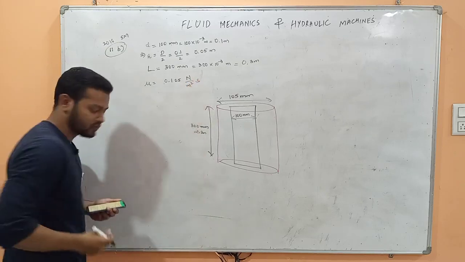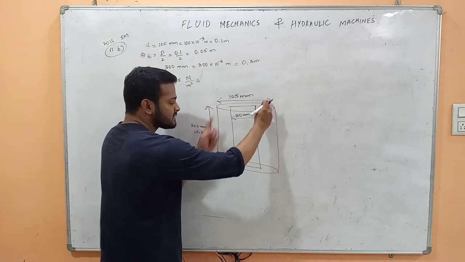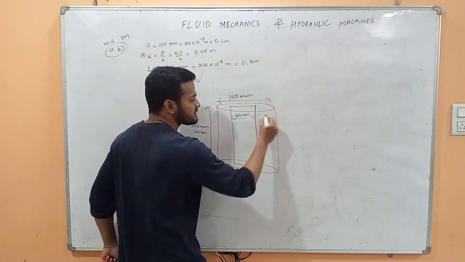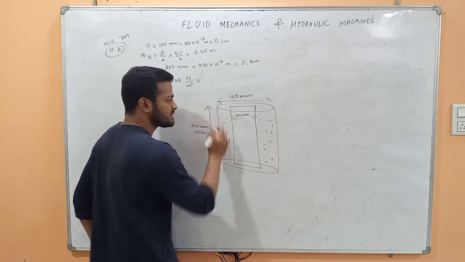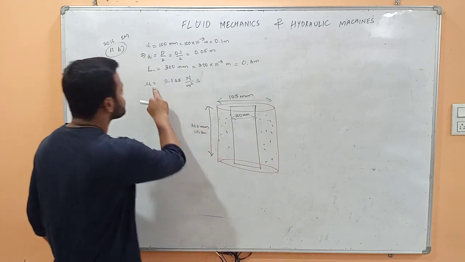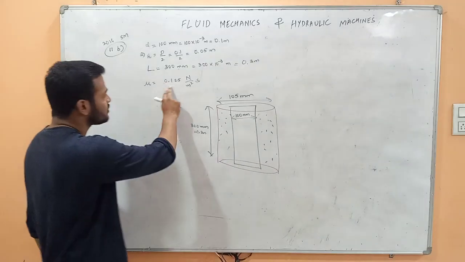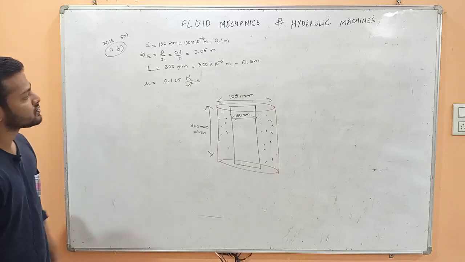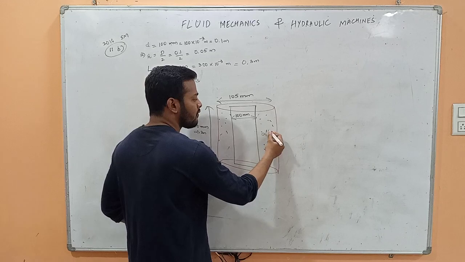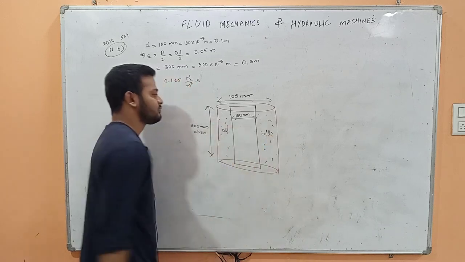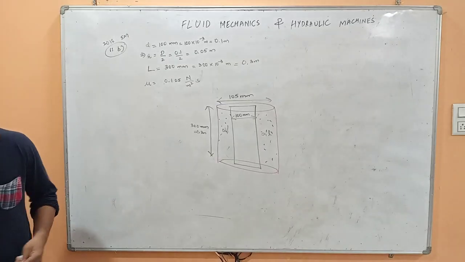So this cylinder is rotating inside the outside cylinder, and this space, around 360 degrees, is filled with this oil which has a dynamic viscosity, a stickiness, of 0.125 Newton second per meter square. So this is completely oil.